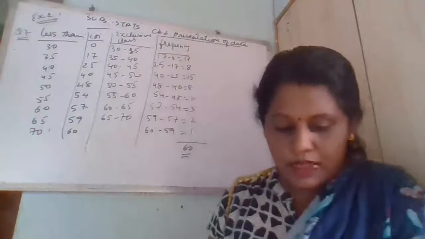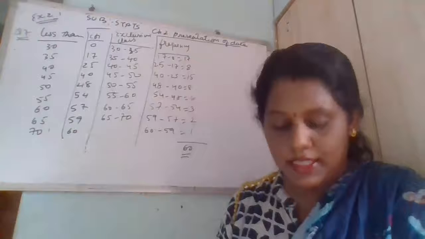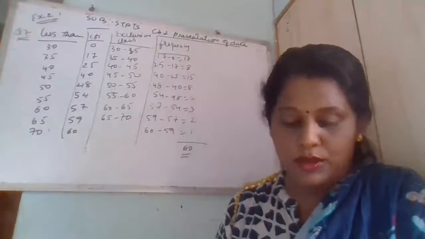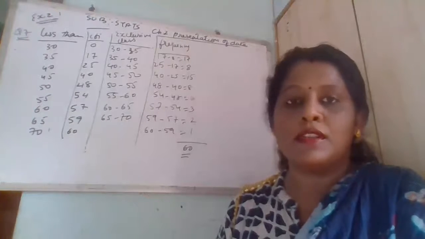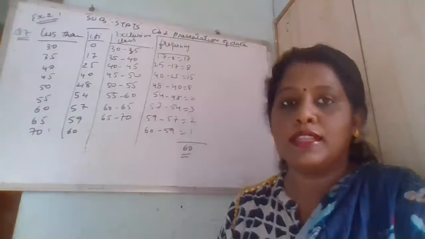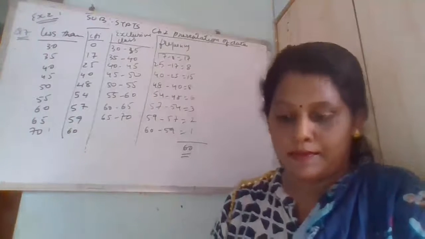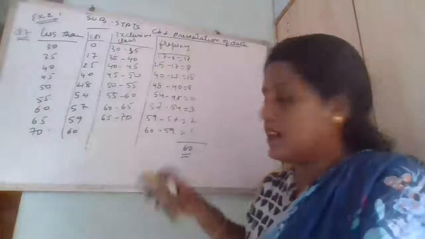In the eighth question, mid value is given, frequency is given, and class length is given. You have to obtain the original frequency distribution. I told you what that means: you have to find a class. Okay, so let's start.